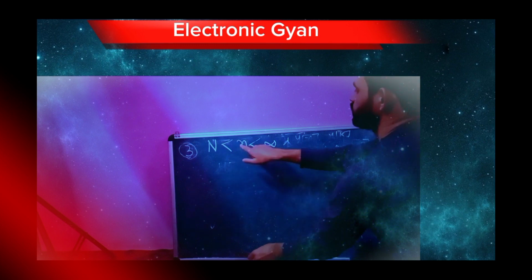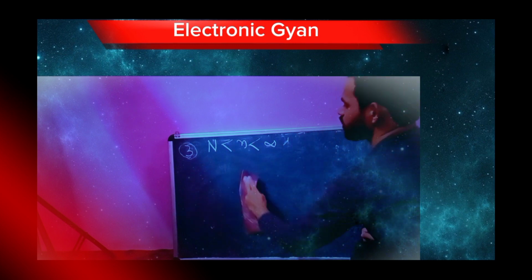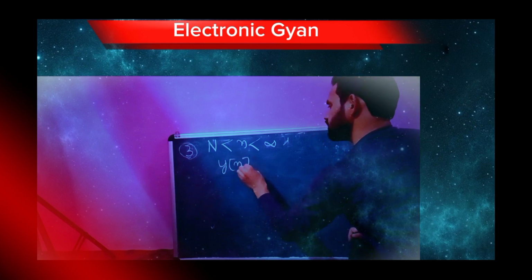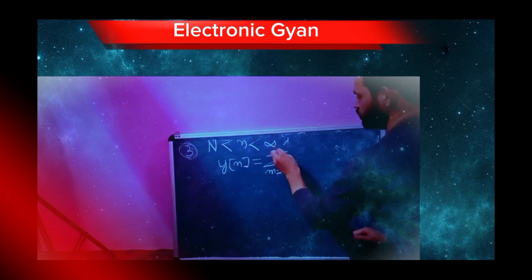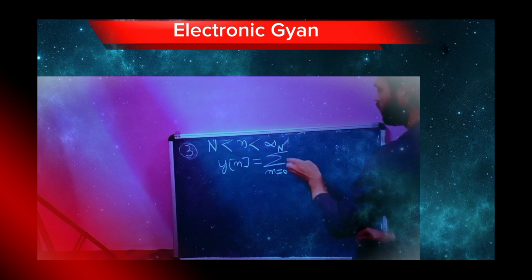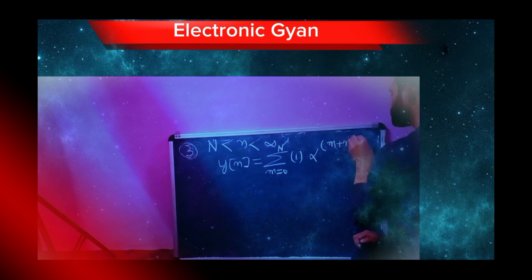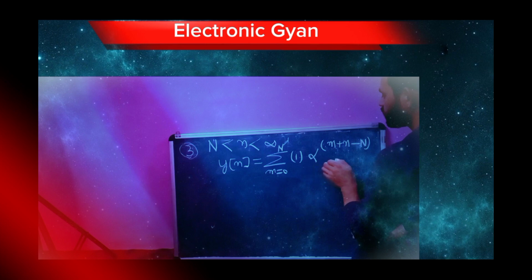So this is for the range of capital N to infinity. So my output will be equal to what? For the third case, y of n is equal to summation m is equal to 0 to capital N, and this is 1 into alpha to the power where k is nothing but m plus n minus capital N. Now what I'm going to do here, I just take this term alpha to the power n minus capital N outside.